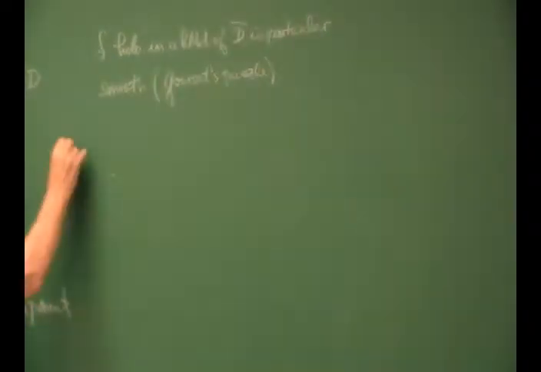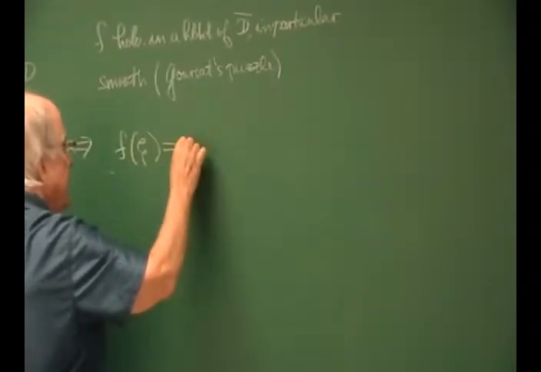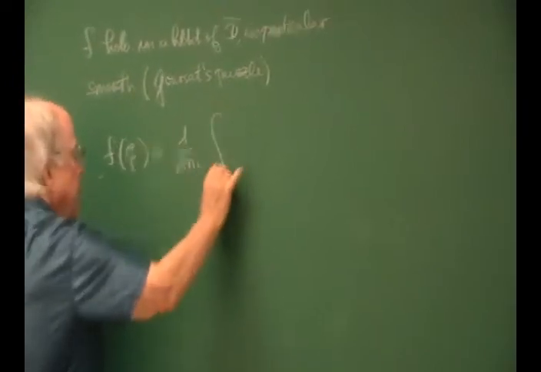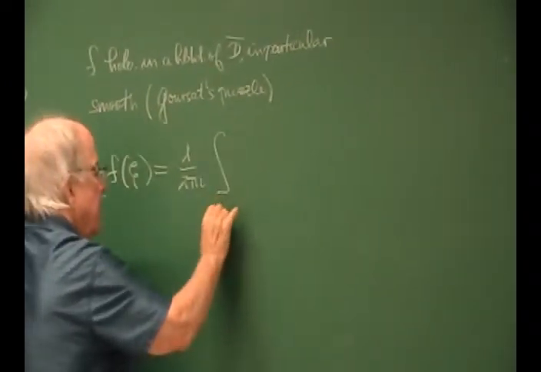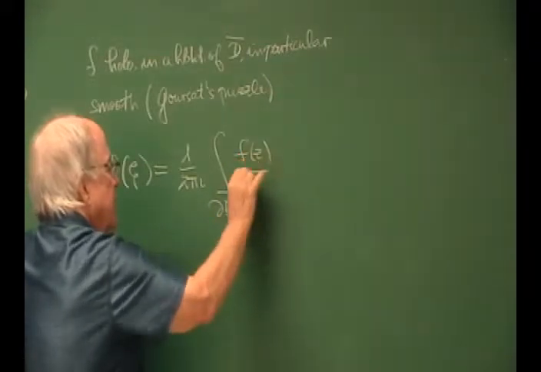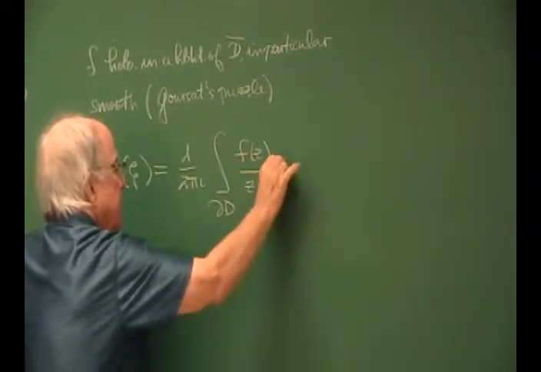And as a result, you can compute f of zeta as the integral using the Cauchy kernel around the boundary of D of f of z over z minus zeta dz.